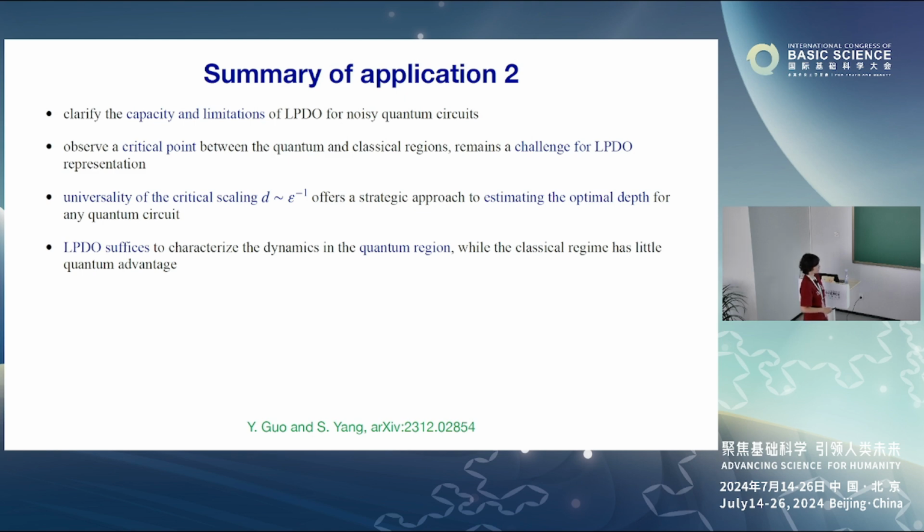The dynamics in the quantum region. So although it does not work very well in the classical region, because the classical regime does not have much quantum advantage, and various MPO simulation methods. So this is the second part.